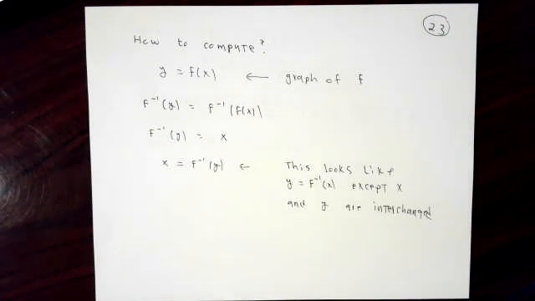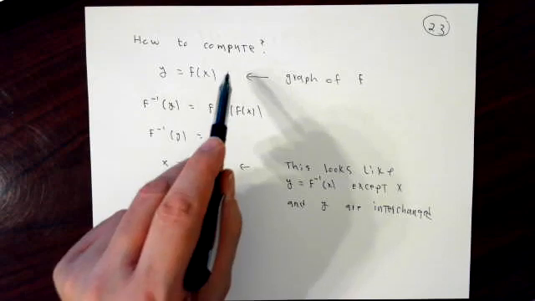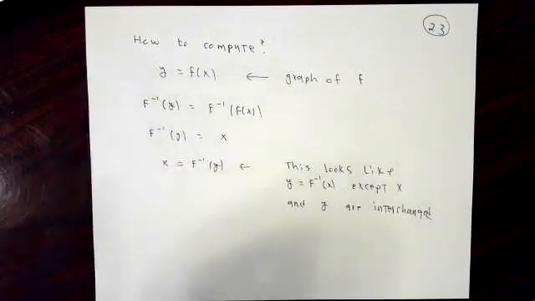That's the same thing as y equals f inverse of x, except the x and the y have been interchanged, which you may remember means you've done a mirror image across the line y equals x. I'm not going to go there today. So I could write this formula down.